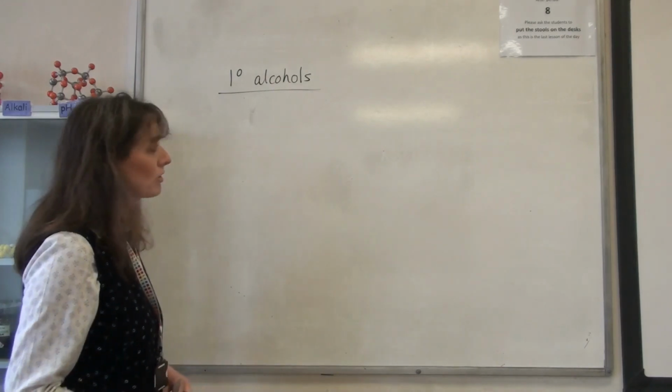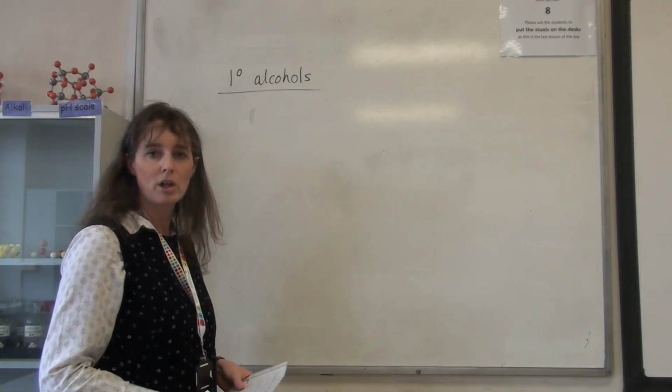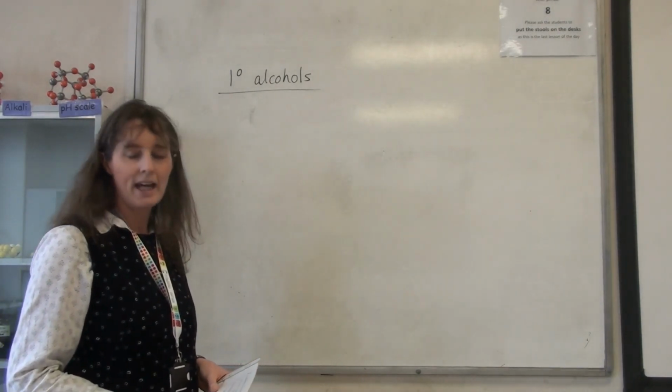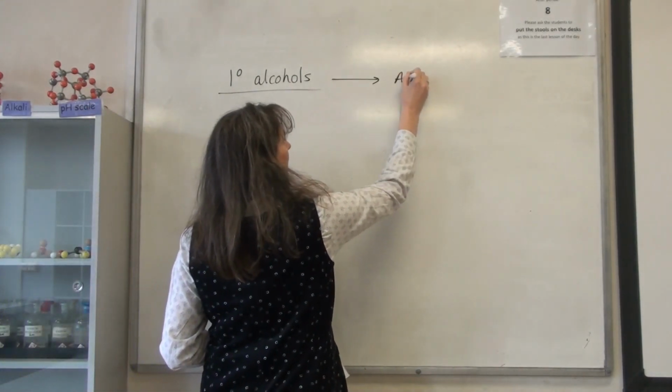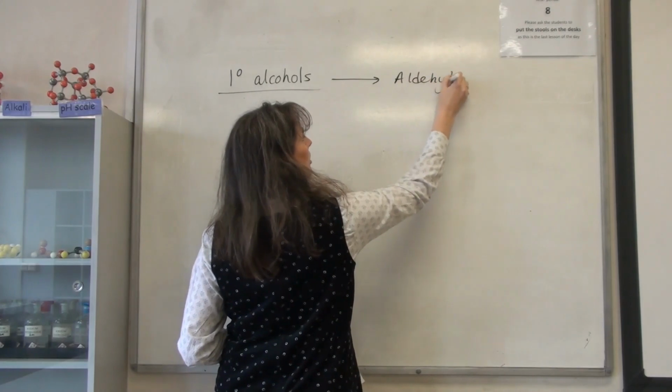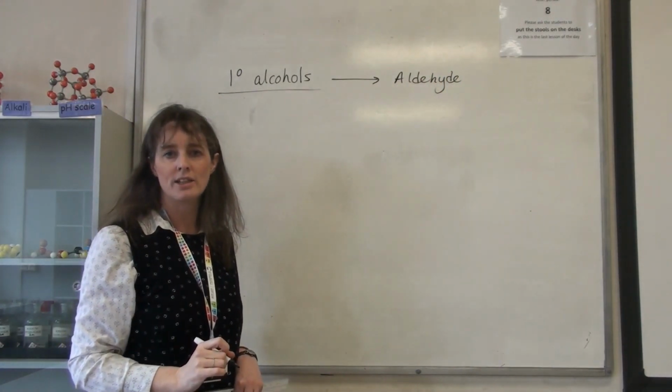So, the product of oxidation of primary alcohols, you should know, is an aldehyde. And you need to know what functional group an aldehyde contains.